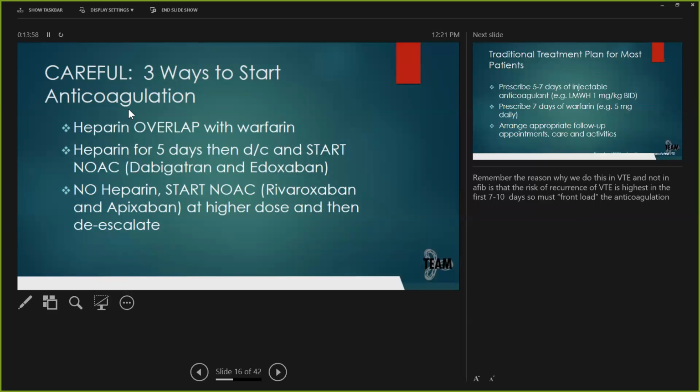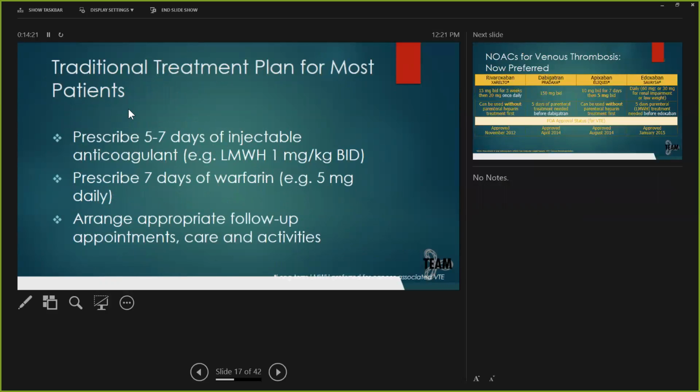And then we can also directly start the patient on the newer anticoagulants. We'll talk more about that. So previously, in the 1990s and early 2000s, all patients were started on heparin with overlap for warfarin, and now, with the newer anticoagulants, we don't even need heparin for a couple of them.